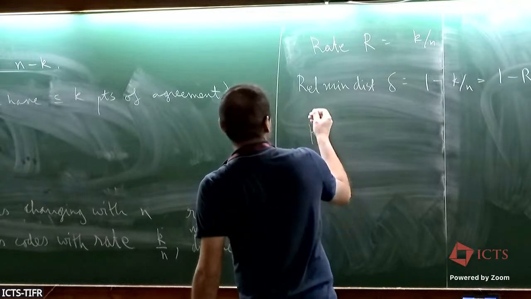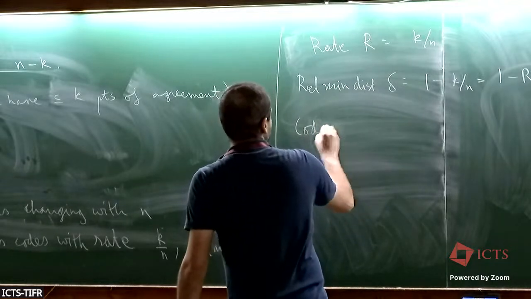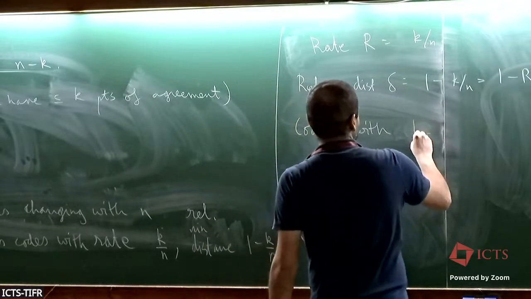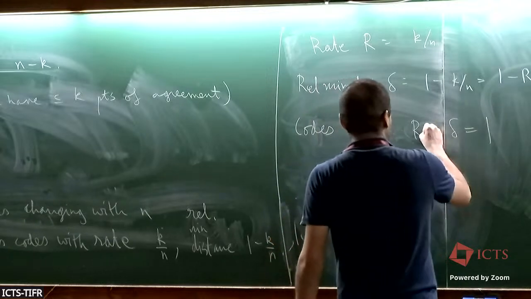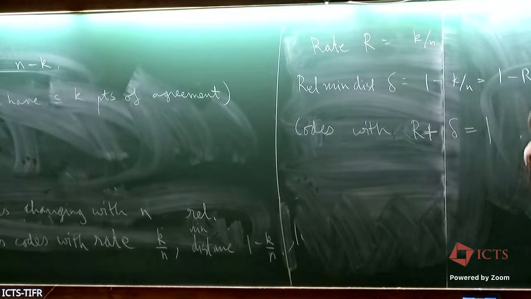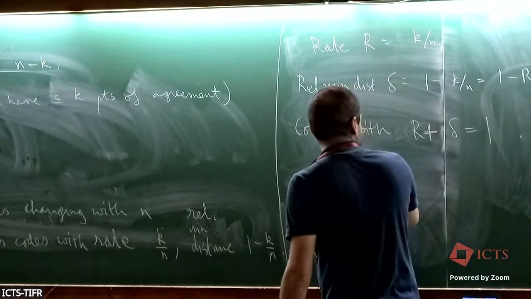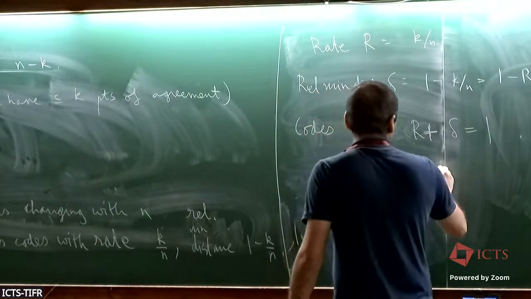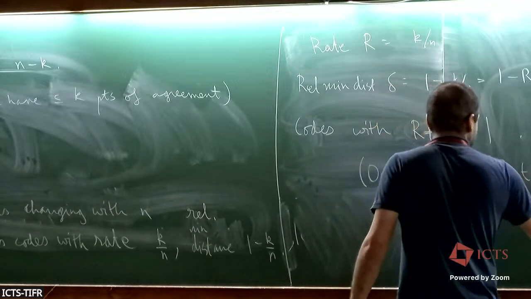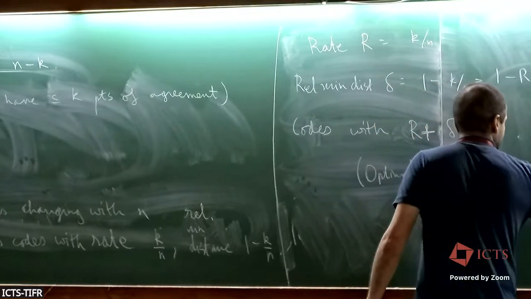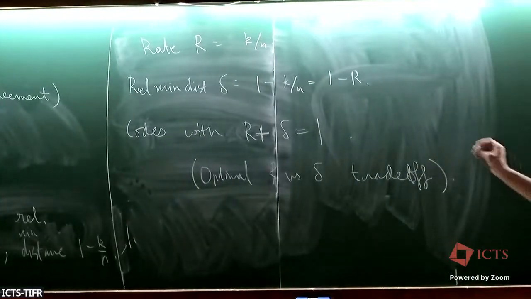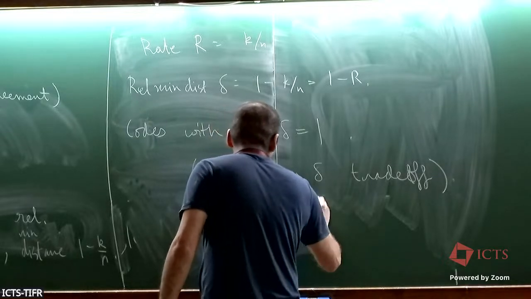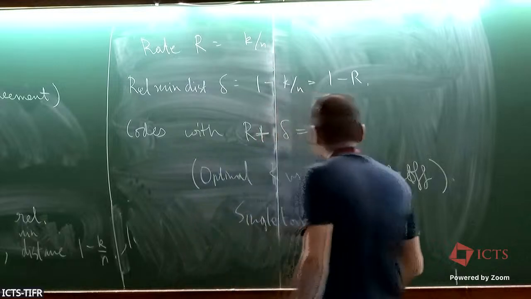So these are codes with rate r and relative distance delta with r plus delta equals 1. And this turns out to be the optimal rate versus delta trade-off. This is called the Singleton bound. Singleton is the name of a person.